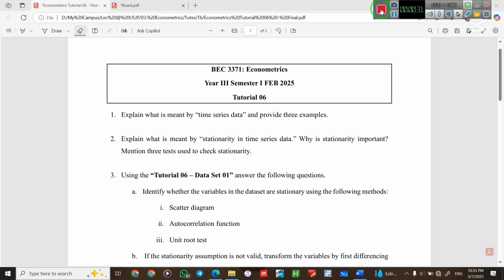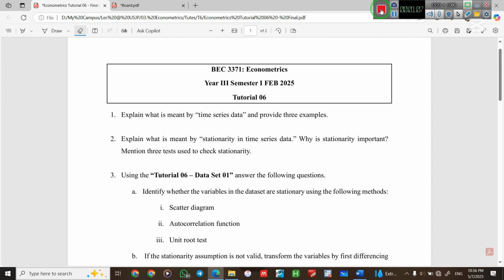Simply, we can say time series data are the data which are collected in equal time periods, like annually or monthly, right? And what is the basic principle used in time series data?